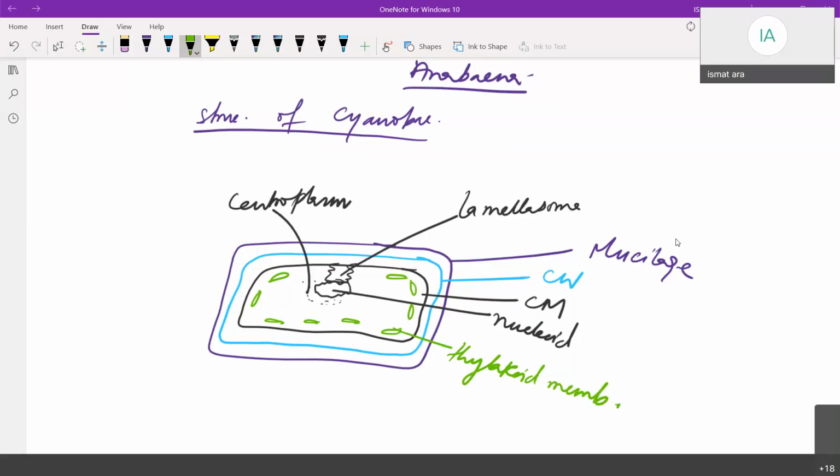And in this thylakoid membrane, phycobilisome is present. Like this, in this thylakoid membrane, these are phycobilisomes. Okay, this is phycobilisome.